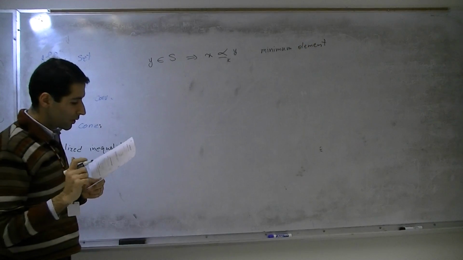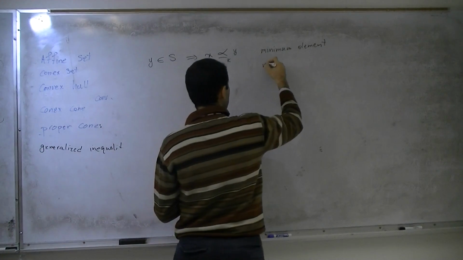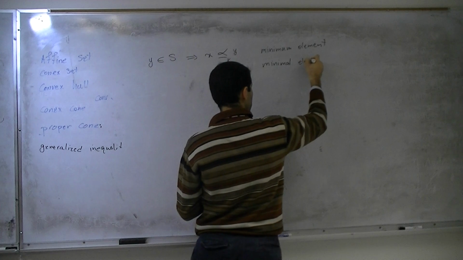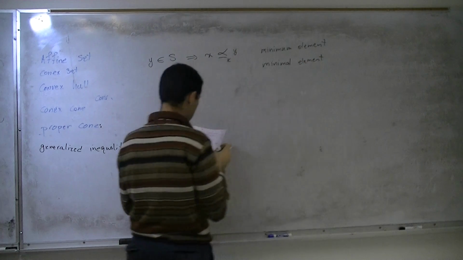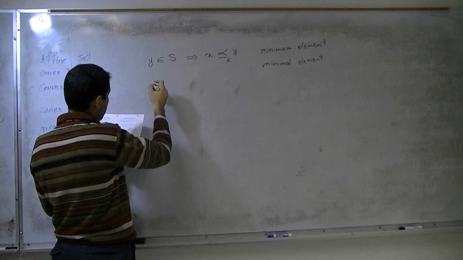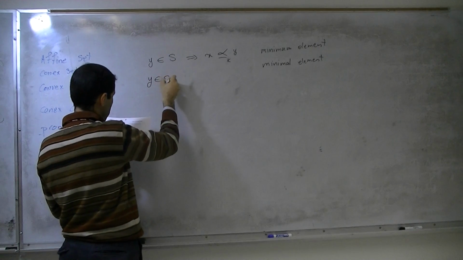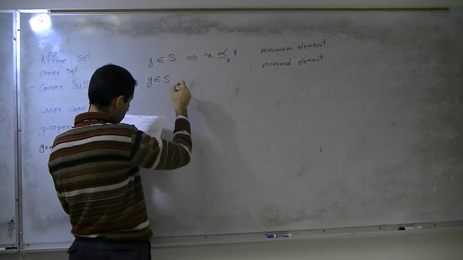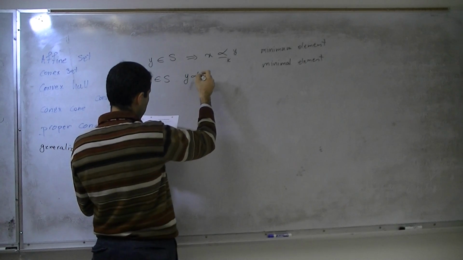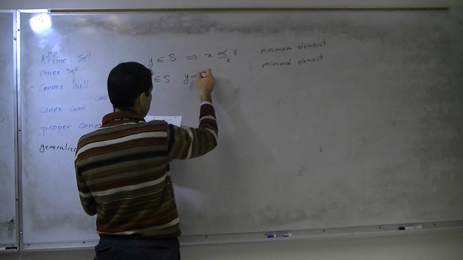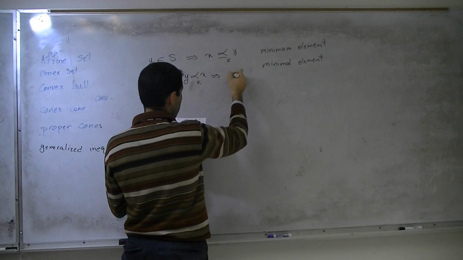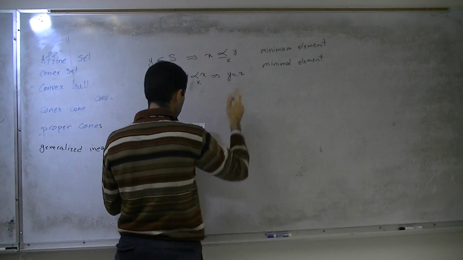And there's another definition, a minimal element. It says for y in S, if y is less than or equal to x by K, then y is equal to x.